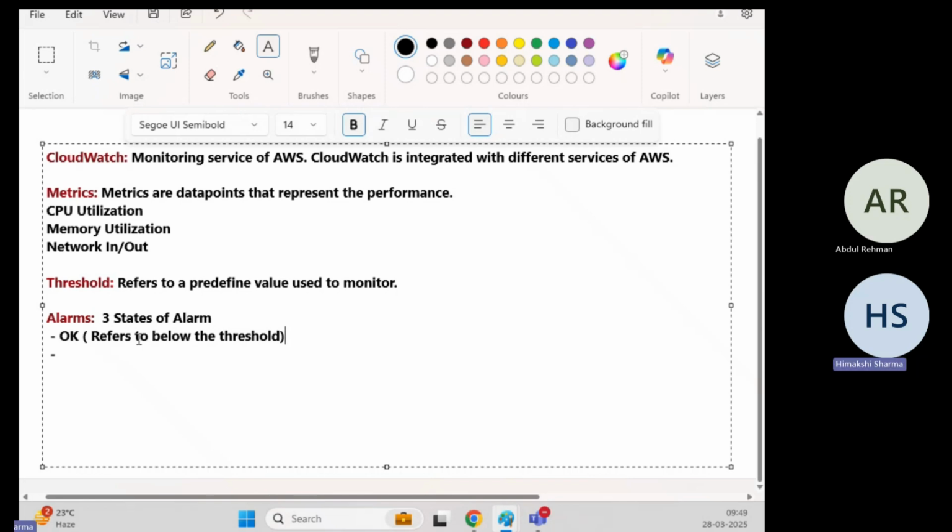Next is In alarm. In alarm means your threshold is breached. Next one is Insufficient.